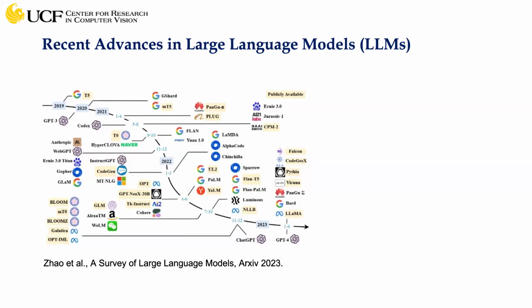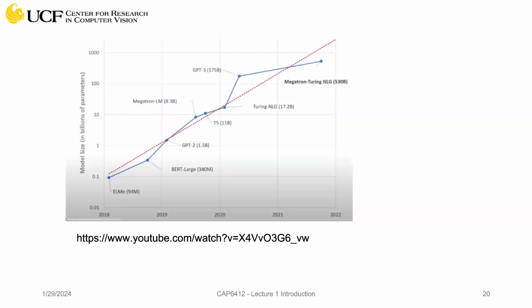Over the years the sizes of these models keep increasing. This y-axis is the size in billions of parameters, and it's becoming lots of parameters. So fine tuning these totally is very, very difficult.